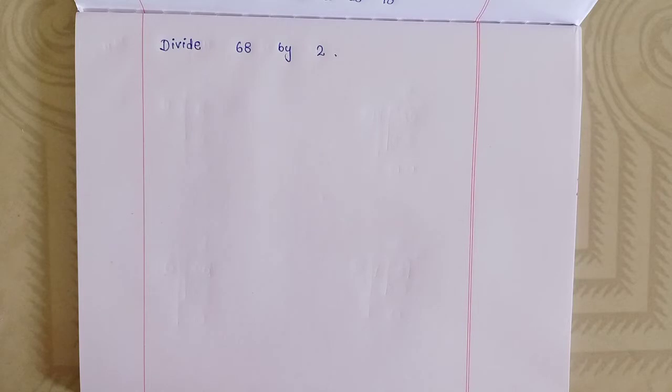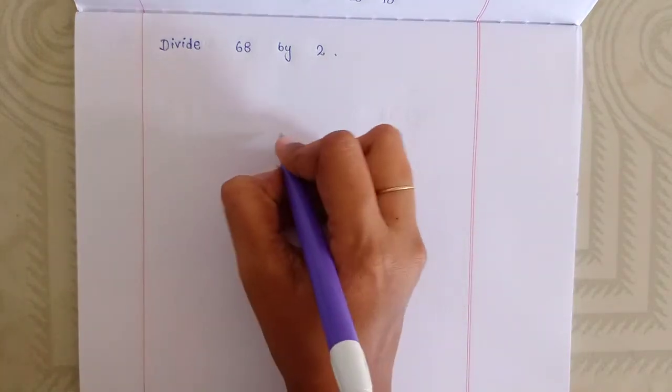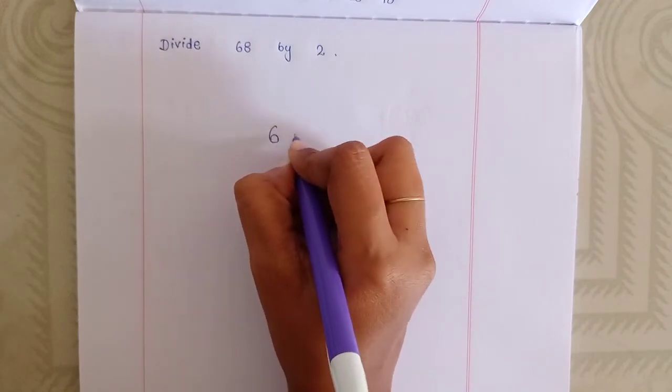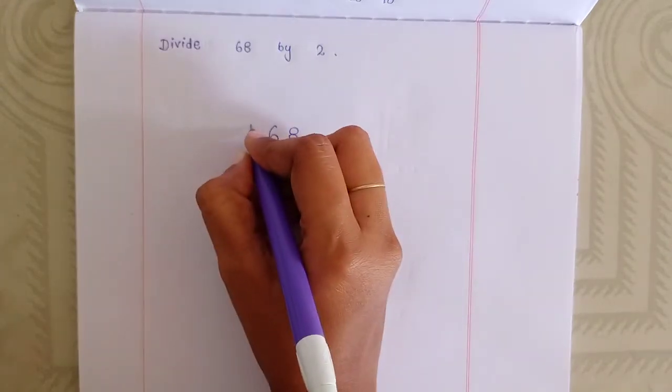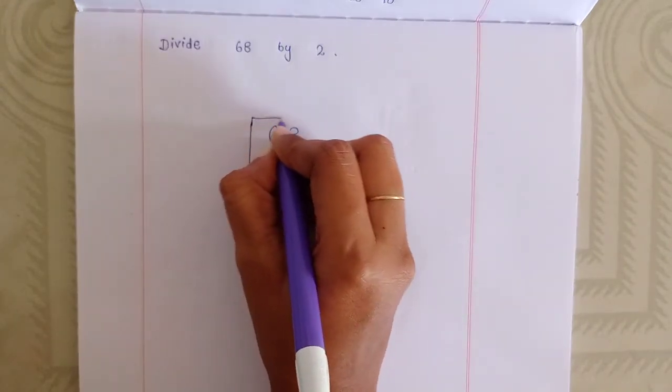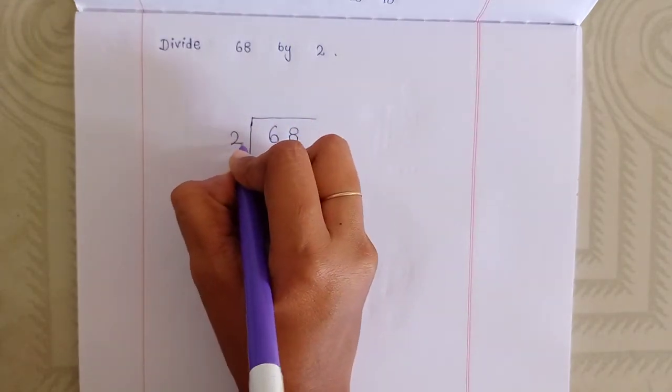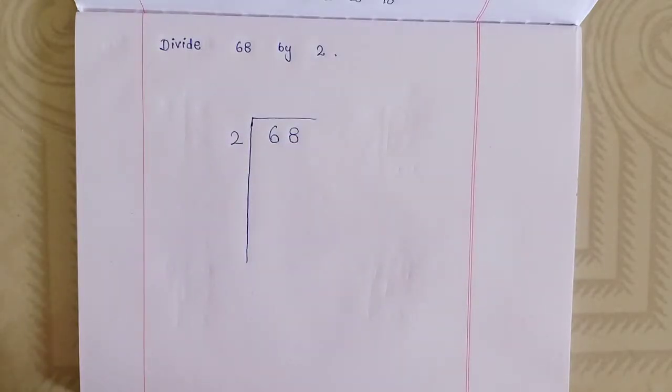Okay? Here you write 68. Okay, this question. Now we have to use the 2 table.